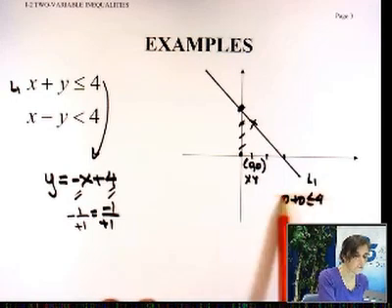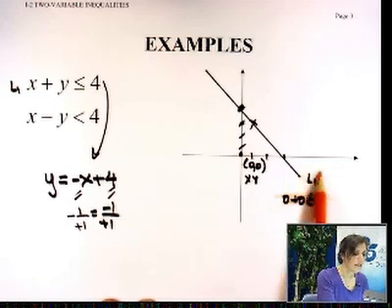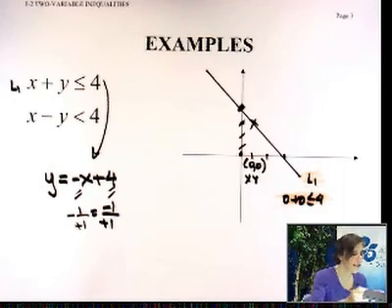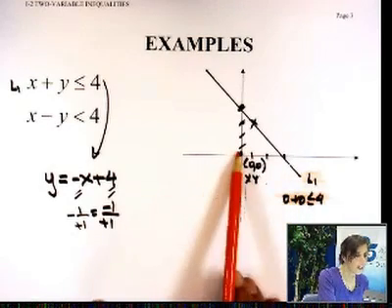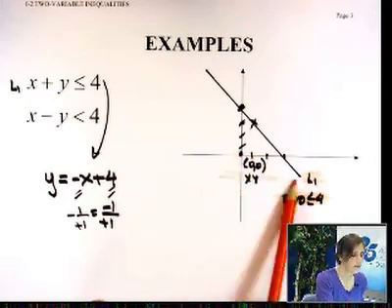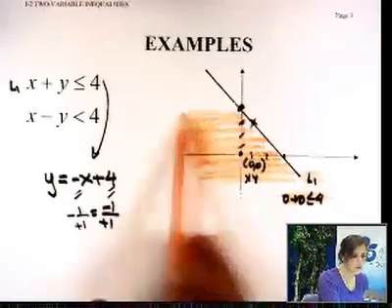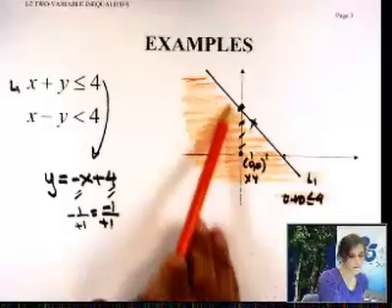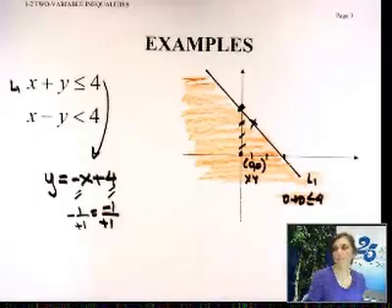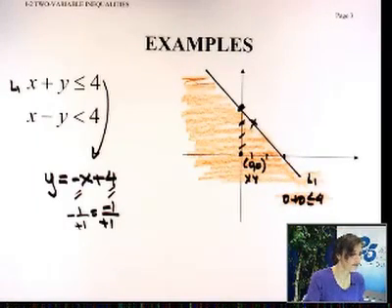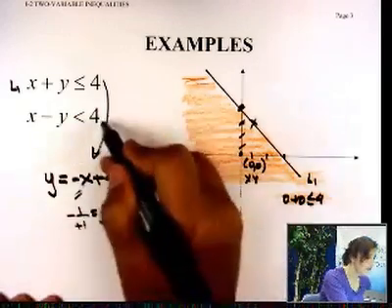This one, the L1 test, is the orange. So it's less than or equal to 4. So it has to contain this point. Here's my region. Very good.